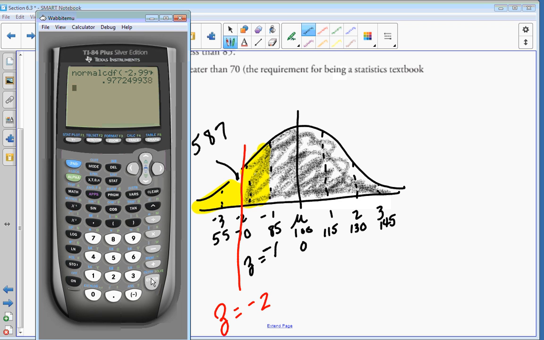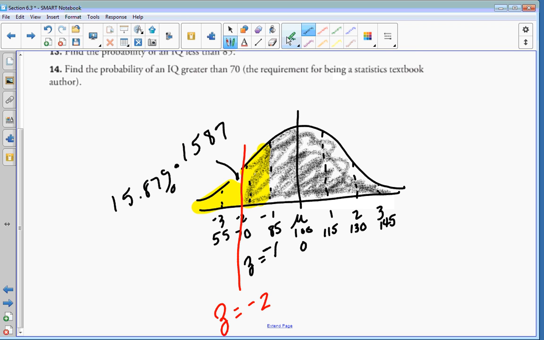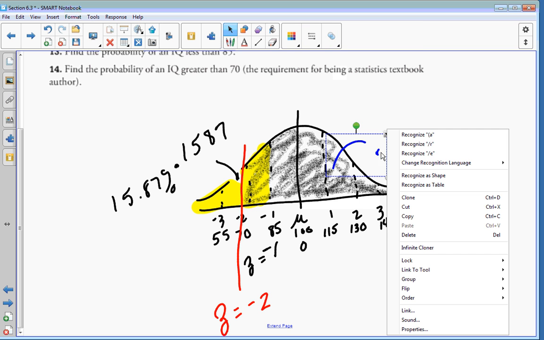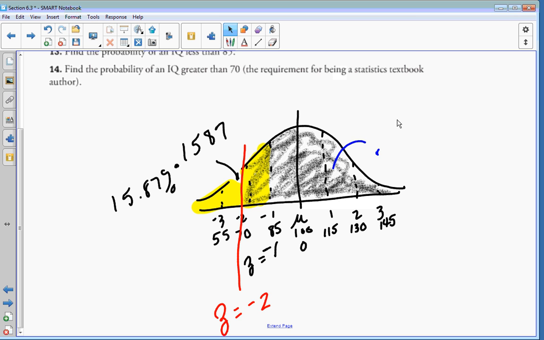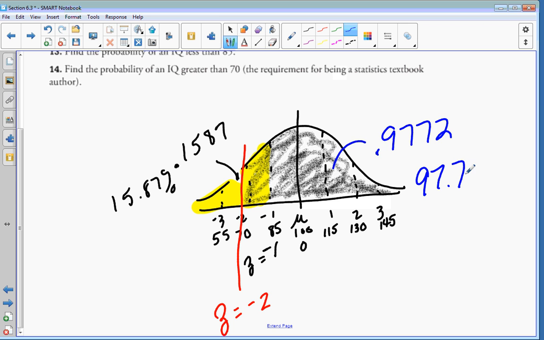And I'm going to find out that that area is now 0.9772. In other words, 97.7% chance that someone has an IQ above 70.